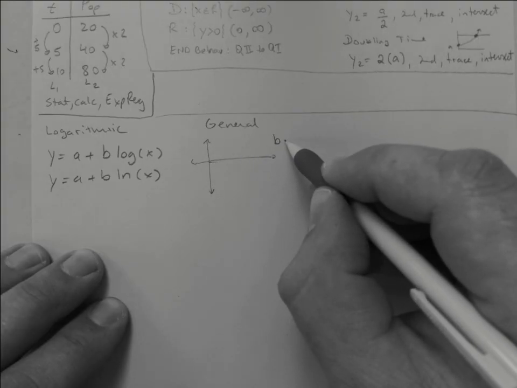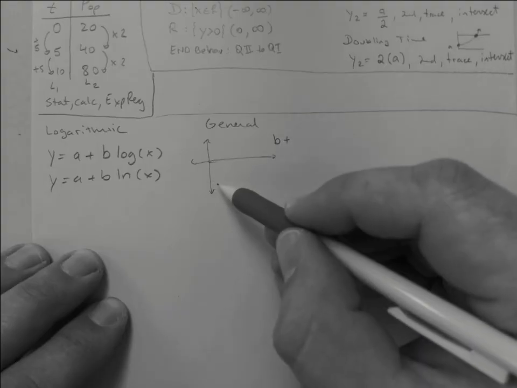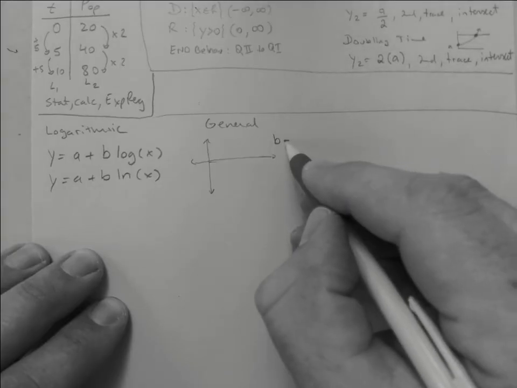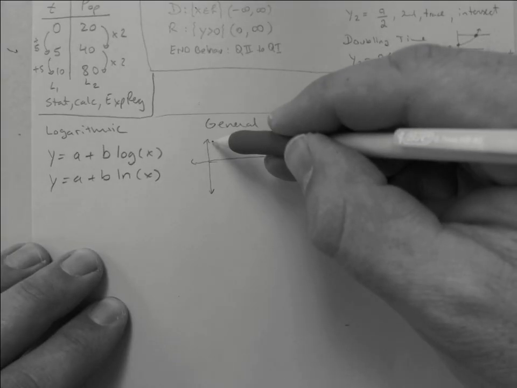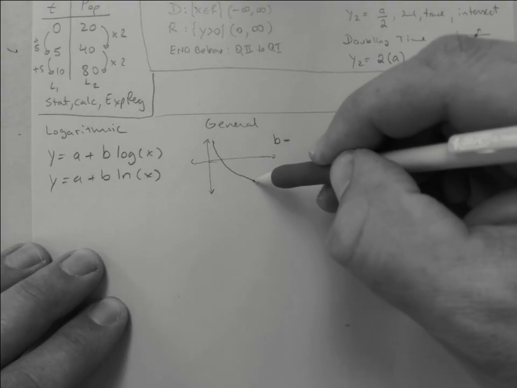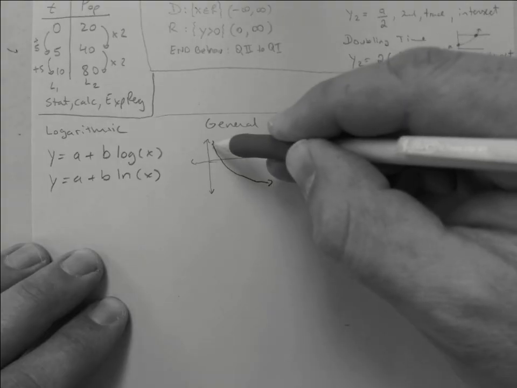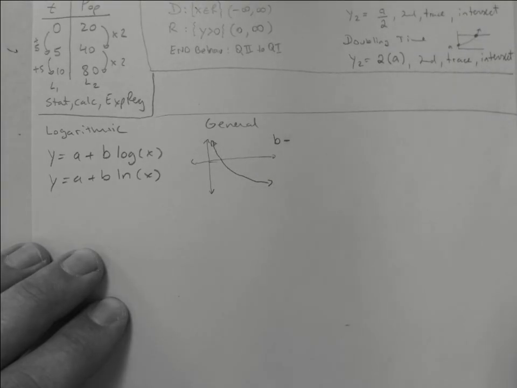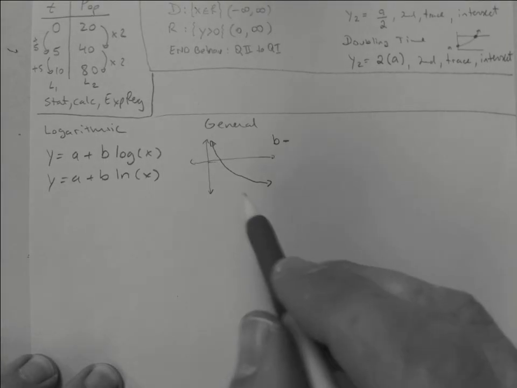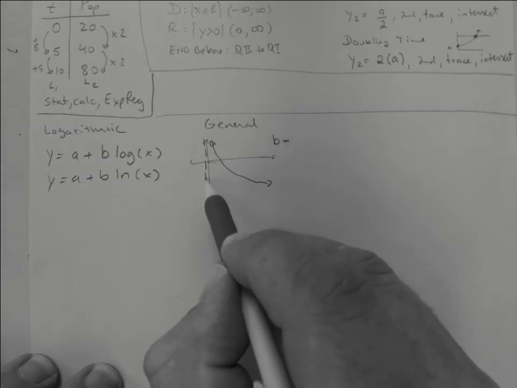If b is positive, I should start with negative, just like the top. Remember, I'm making my study sheet. I probably have to do this all over again, right? Erase and then rearrange. But it goes like this. And you've got your asymptote here.